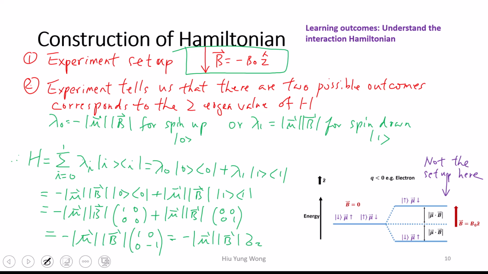Just note that mu B is the Bohr magneton, right? So this is also equal to negative e h bar divided by 2m times B0 sigma z, because this is just the negative Bohr magneton times B0 sigma z.